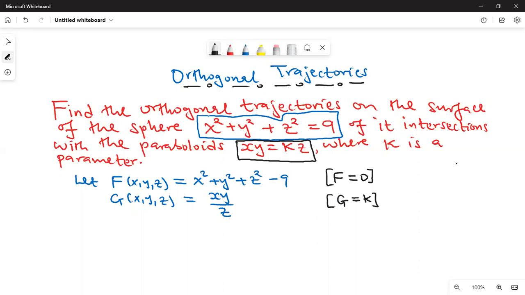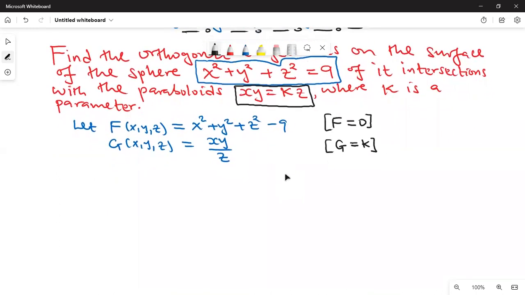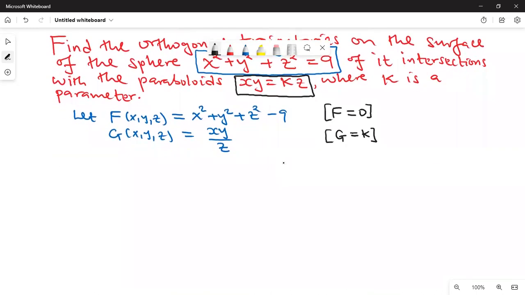So now that we know f and g, we need to find their first partial derivatives. So let's start by differentiating f with respect to x, y, and z respectively. So the first partial derivative, therefore, partial f with respect to x, which can be written as f subscript x.